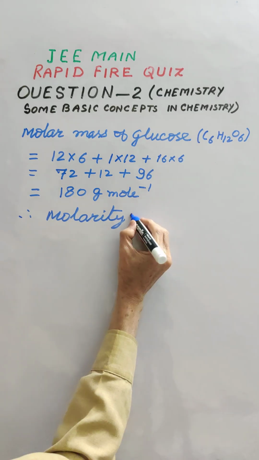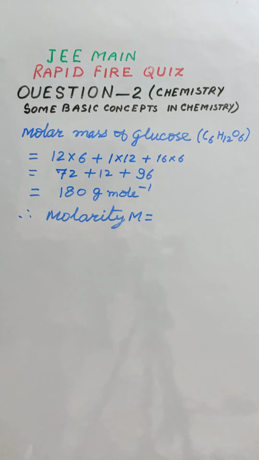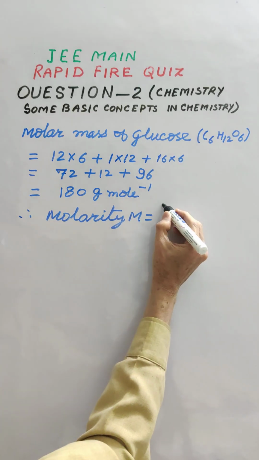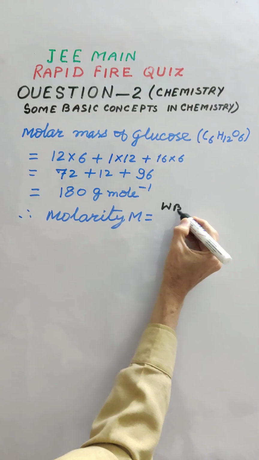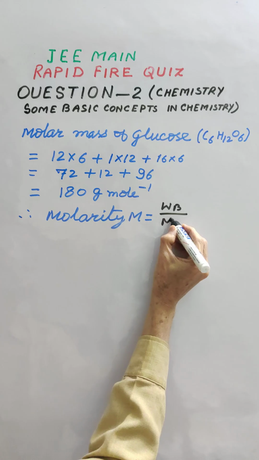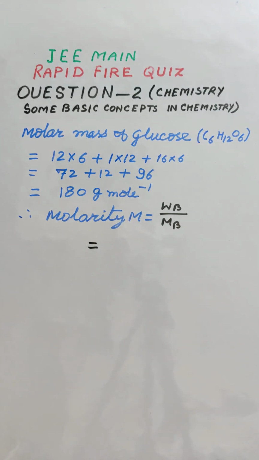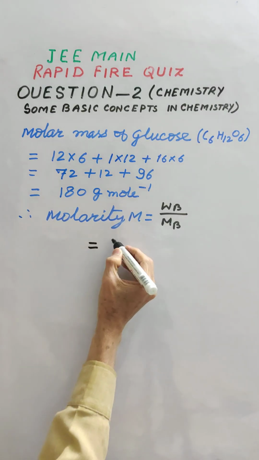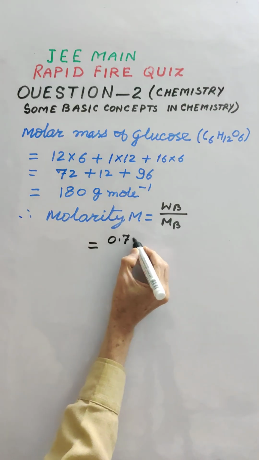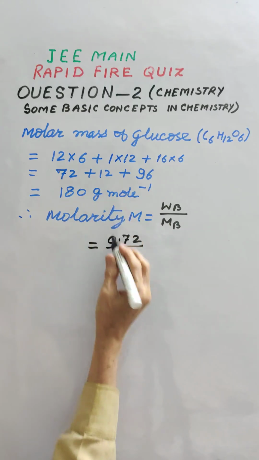Molarity M is equal to the concentration of glucose in blood upon the molar mass of glucose, WB upon MB. WB is 0.72 and MB is 180.